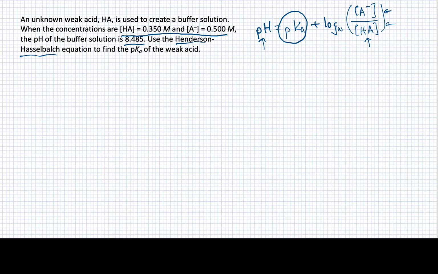In essence, I can subtract this logarithm term from both sides, and when I do that, I end up with an equation that looks like this, where this is the same ratio of those concentrations.